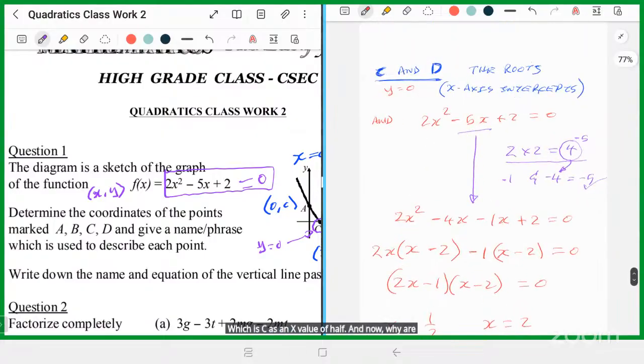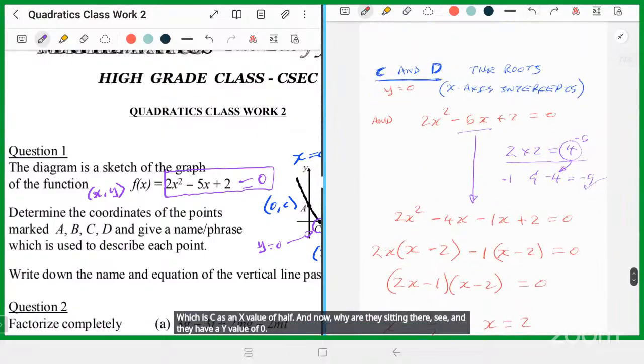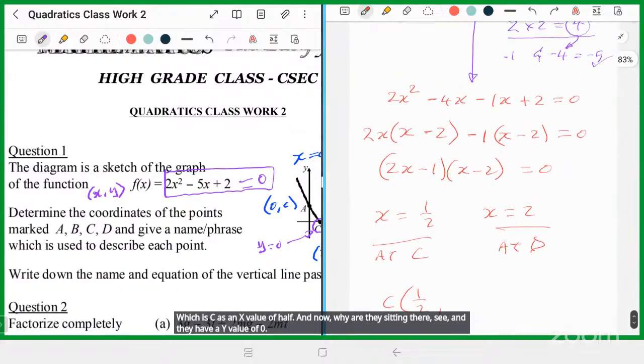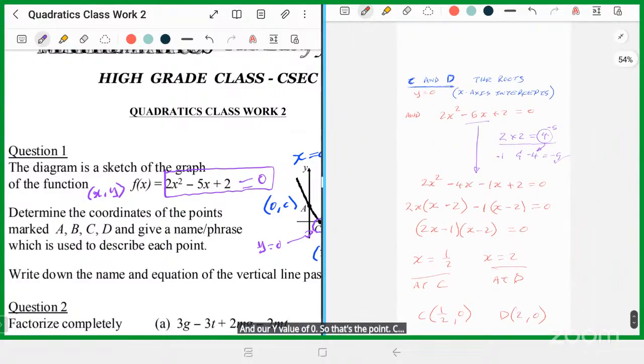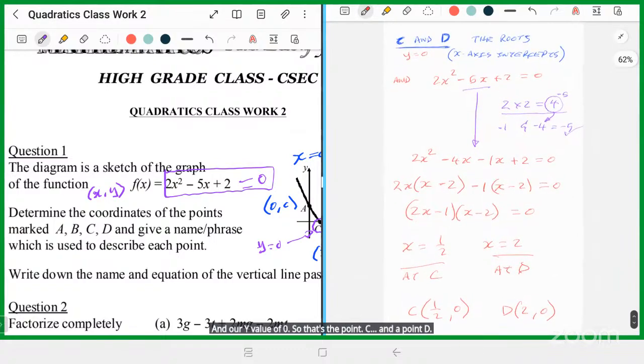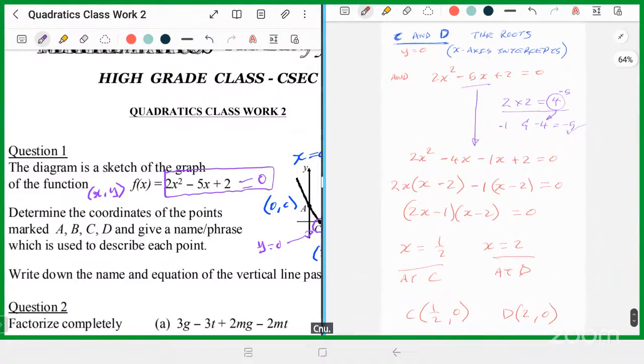See there? C and D have a y value of 0. And then D has an x value of 2 and a y value of 0. So that's the point C and the point D. Points C and D. That is it.